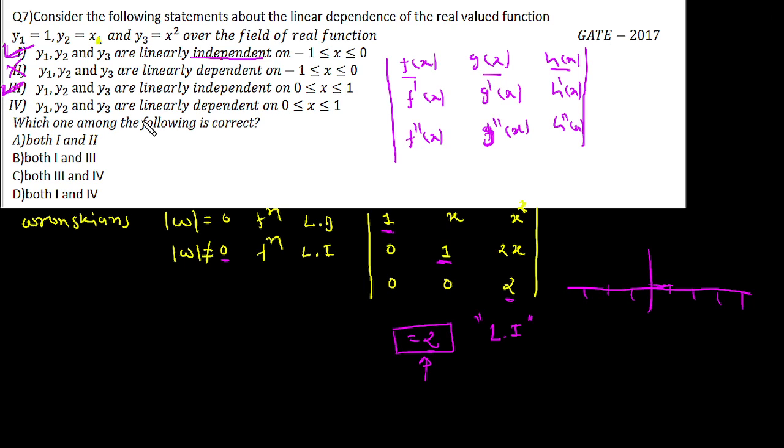Now statement 4 says y1, y2, y3 are linearly dependent. Again, they are not dependent. They are linearly independent. So statement 4 is again false. So we can say the true statements are only 1 and 3. So option B is the correct combination. Both 1 and 3 are true.